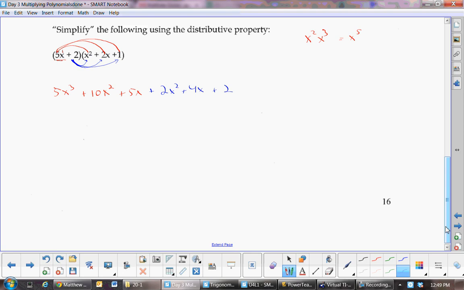Now we've got to find any like terms. How about 5x cubed? Does it have anybody to play with? Okay, so that one just goes 5x cubed and cross it out. How about, is there any other x squareds? Okay, so we can go like this and like this.